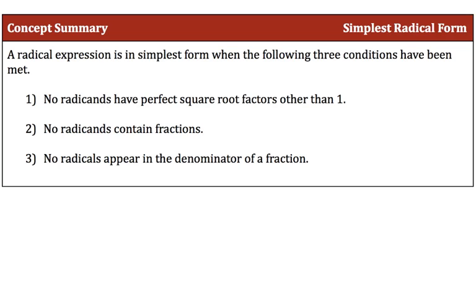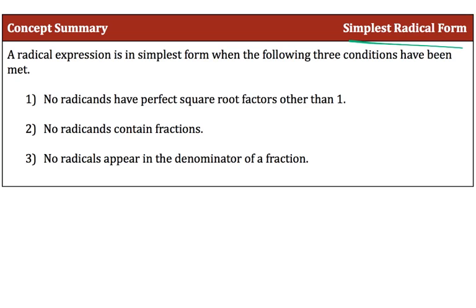So here's a summary of some of the concepts. For something to be in the most simple radical form, the following 3 conditions have to be met. No radicands have perfect square factors other than 1.